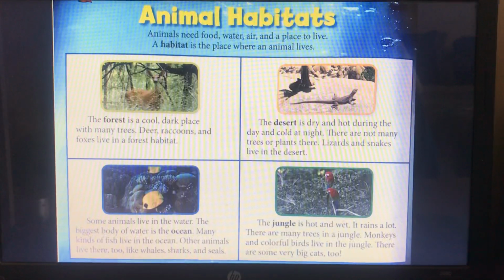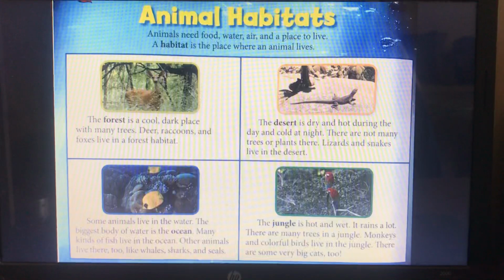The biggest body of water is the ocean. Many kinds of fish live in the ocean. Other animals live there too, like whales, sharks, and seals.